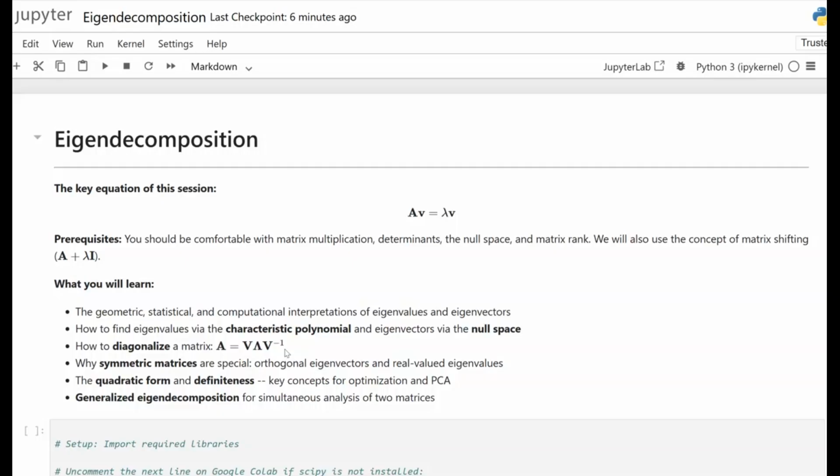That's why eigendecomposition powers PCA, machine learning, computer vision, signal processing, network analysis, financial modeling, and scientific computing. Of course, dear friends, every time a machine learning model discovers hidden structure in data, eigendecomposition is often working quietly behind the scenes. I hope this session is very useful.